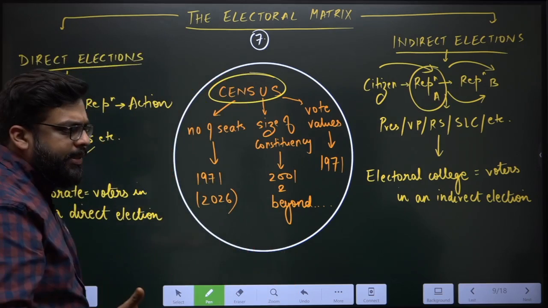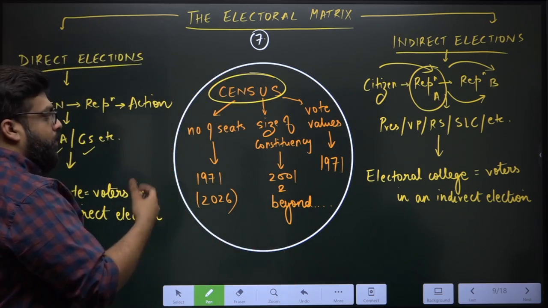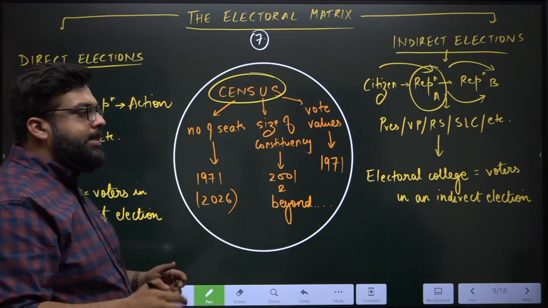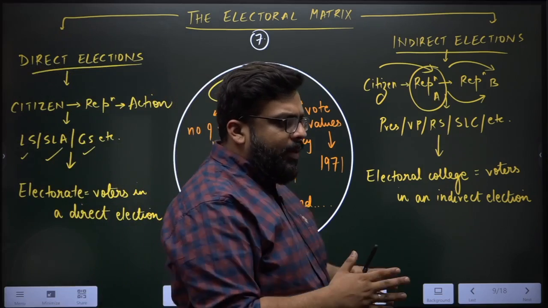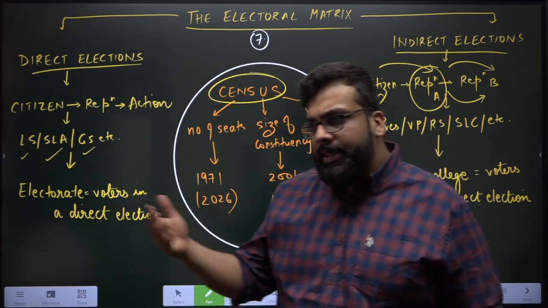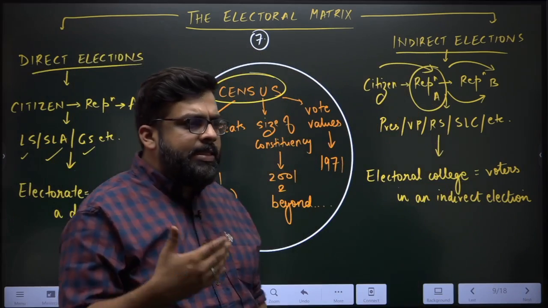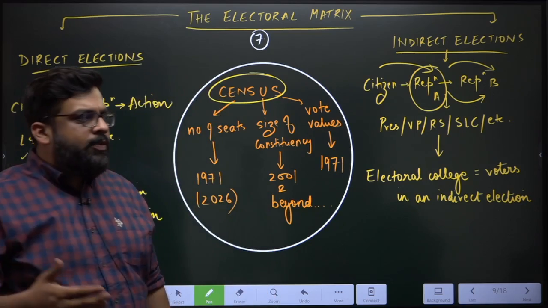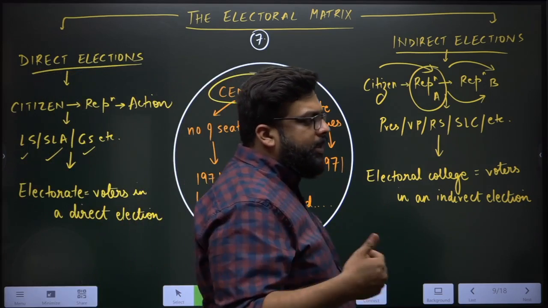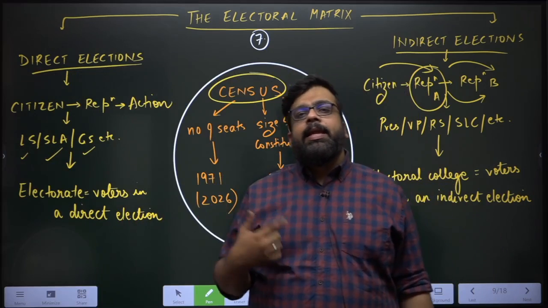Now, let's understand this far more clearly. So what is a census? A census is nothing but, we'll do this in a fair amount of detail in our citizenship class when we do NPR census and NRC, but a census is nothing but the calculation of the number of people across certain parameters living in India.